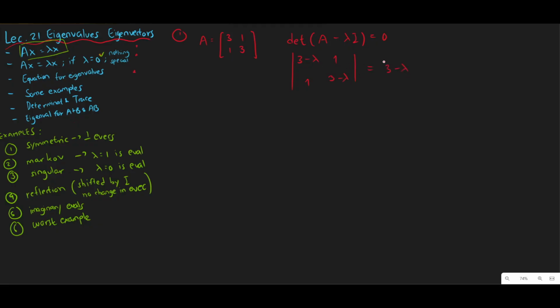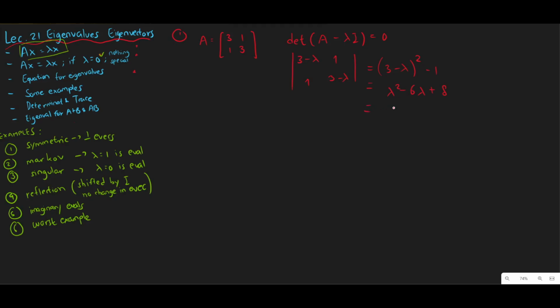We have 3 minus lambda squared, and then we have minus 1 here. So there we have lambda squared minus 6 lambda plus 8, right?